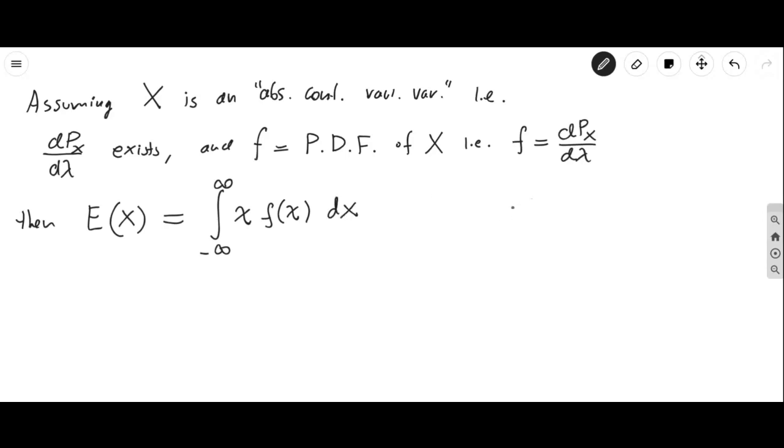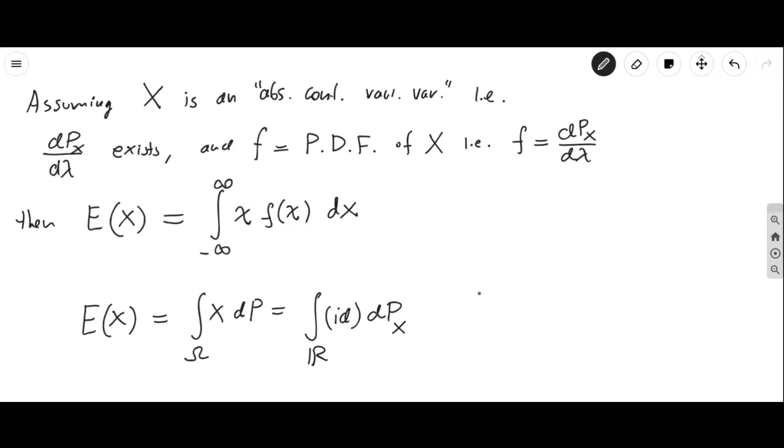So why does this work? The reason why this works is because the expectation of x is you integrate over the sample space with respect to the measure, and then you can convert it back to the real line. You integrate the identity function with respect to the distribution, the probability measure that arises from the random variable.